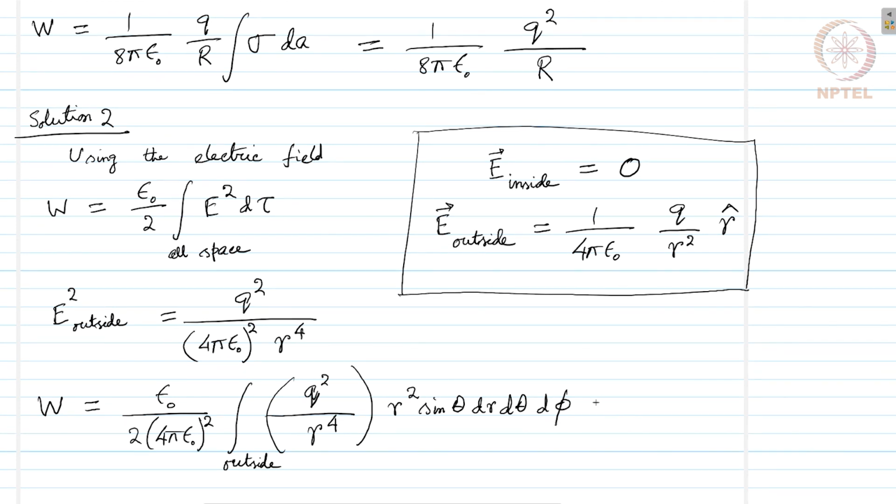If we perform this integral, we will get 1 over 32 pi squared epsilon naught q squared times 4 pi, only the R integral is left, that will run from capital R up to infinity for outside the sphere. It is 1 over R squared dr. Now, once we perform the R integral also, we get this work done as 1 over 8 pi epsilon naught q squared over R. And with these two methods we get the same expression for the work done to assemble this surface charge density. So, it is fine.